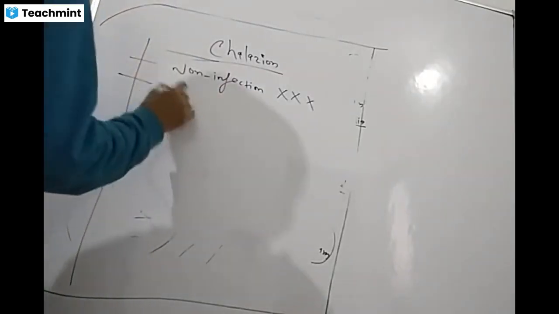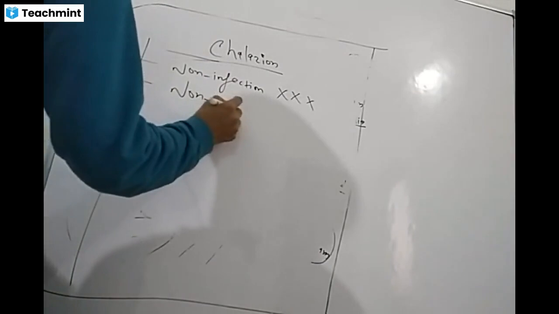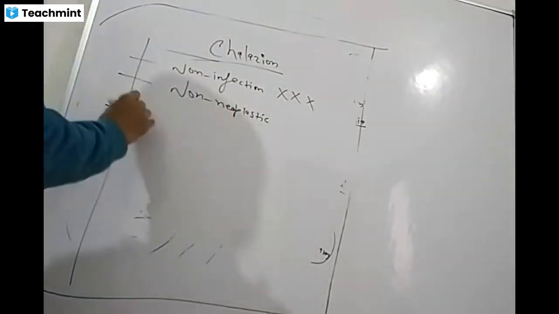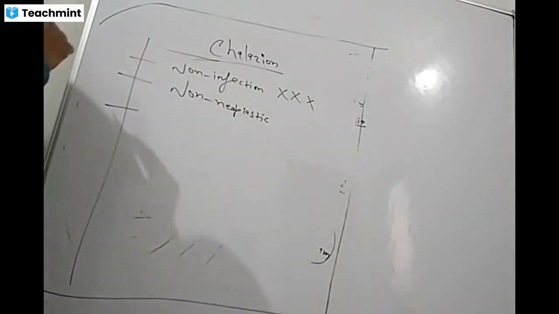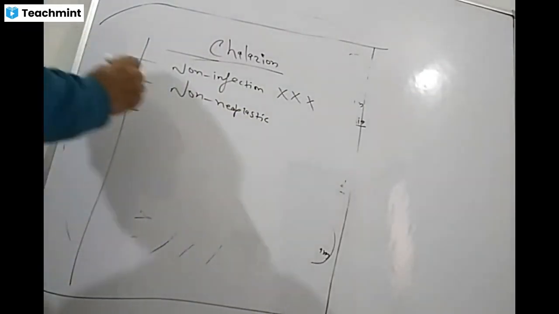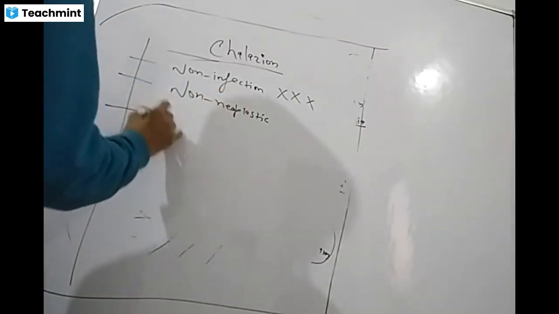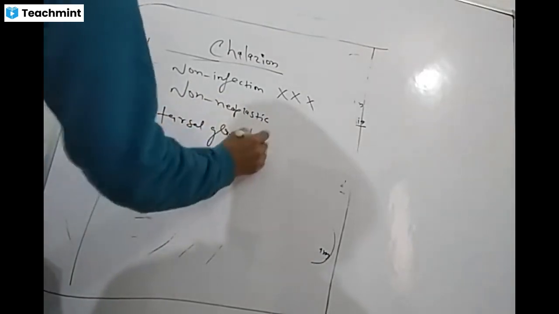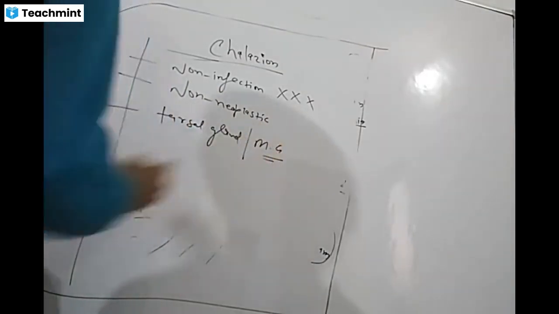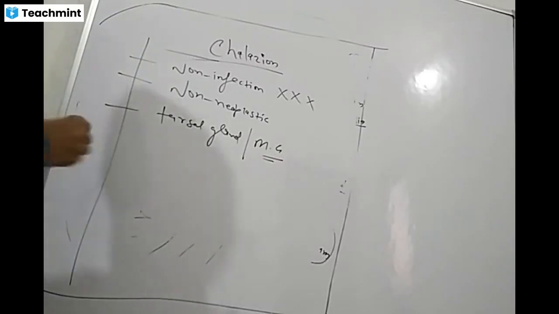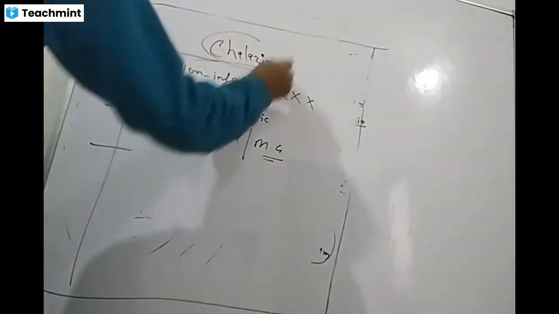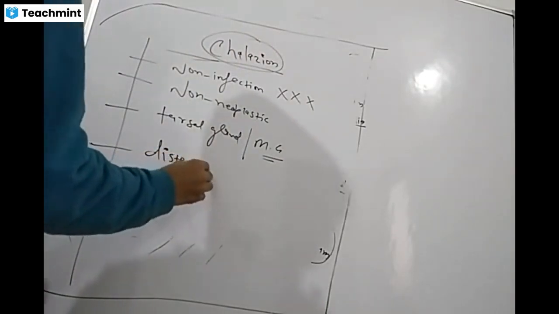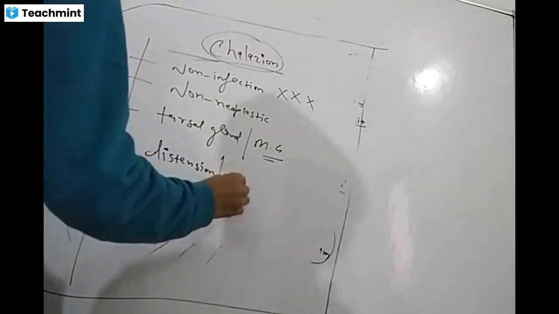This is non-neoplastic, so this swelling is not tumorous. Next, this is related with the tarsal gland or meibomian gland. So what is a chalazion? It is nothing but distension or accumulation.